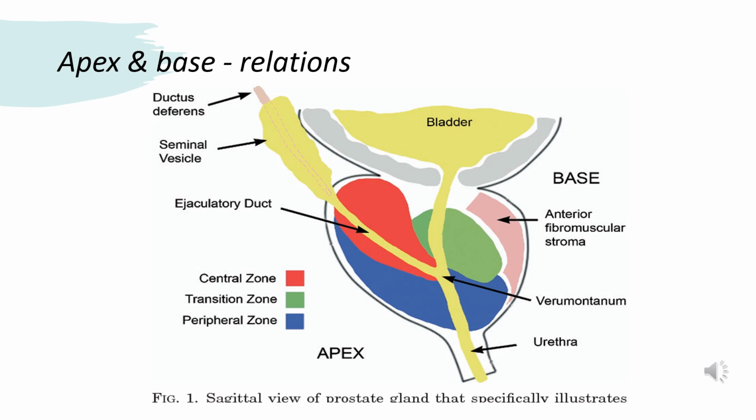An important point to note regarding the base is that it is pierced by the urethra almost in the median plane at the junction of the anterior 1/3 and posterior 2/3. So the urethra, which is a continuation of the neck of the urinary bladder, passes through the base of the prostate gland in the median plane at the junction of the anterior 1/3 and the posterior 2/3.